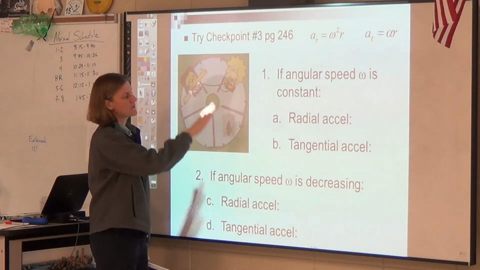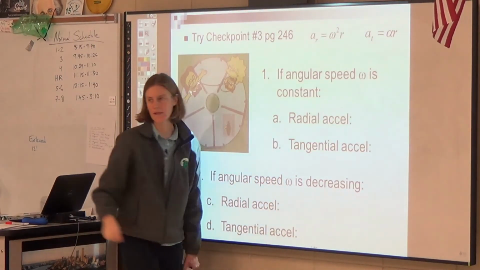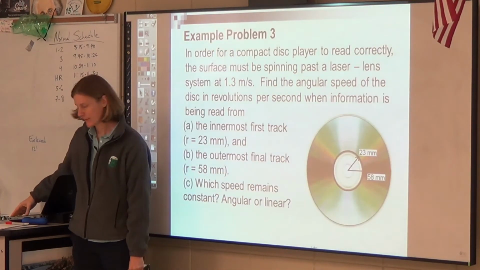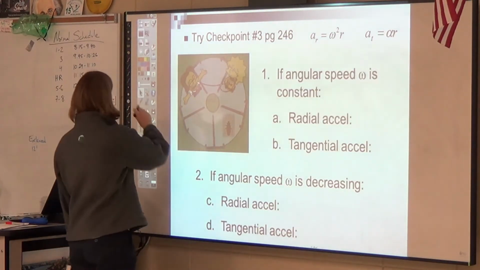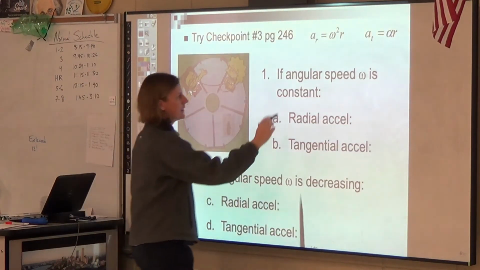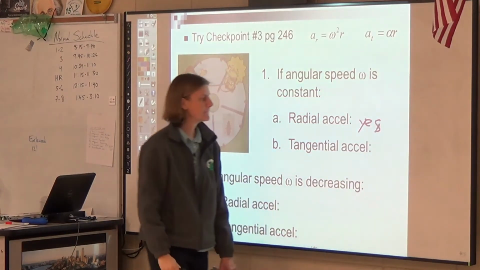So even if it's moving in a circle at a constant speed, there will always be centripetal or radial acceleration. So, radial acceleration, yes, there will definitely be some.